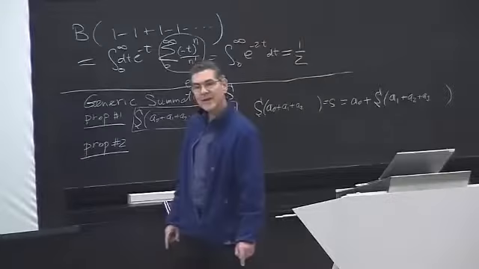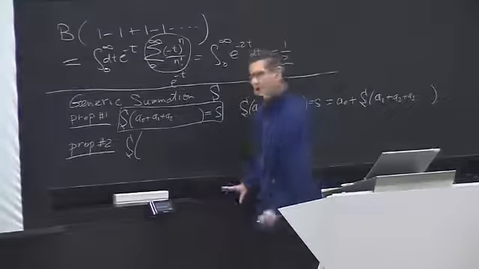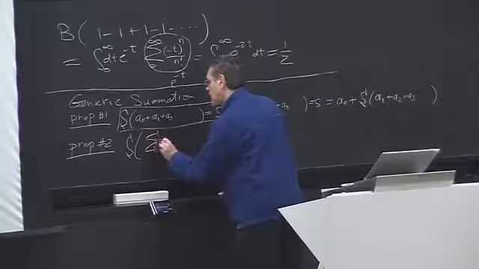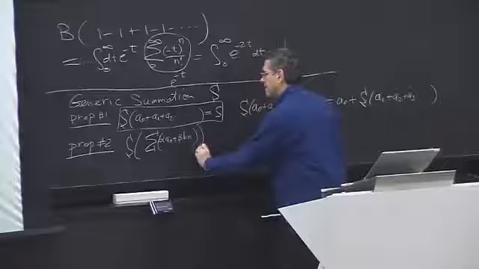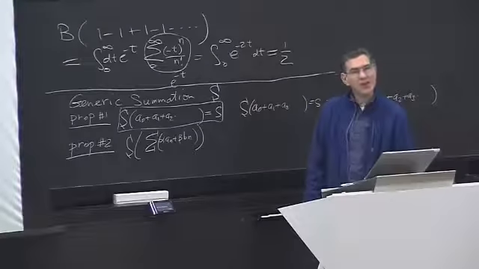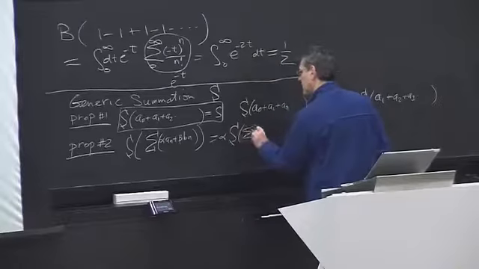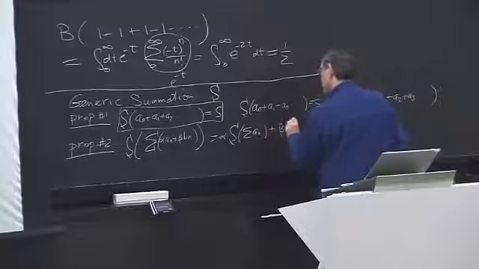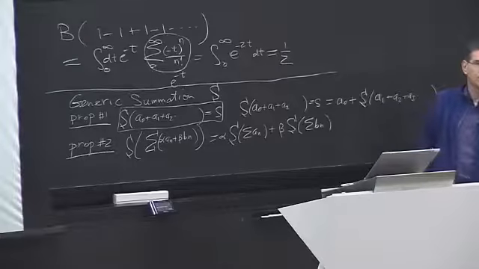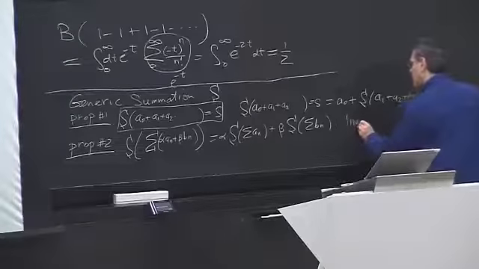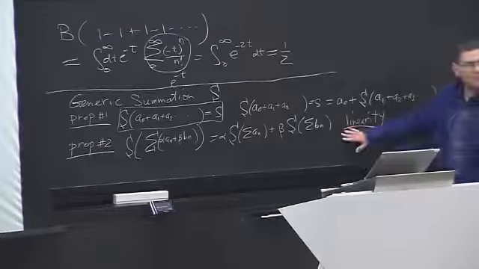I would like it to be that if I calculate the sum of a series of the form alpha times a sub n plus beta times b sub n, this should be exactly the same as alpha times the sum of a sub n plus beta times the sum of b sub n. This is linearity.